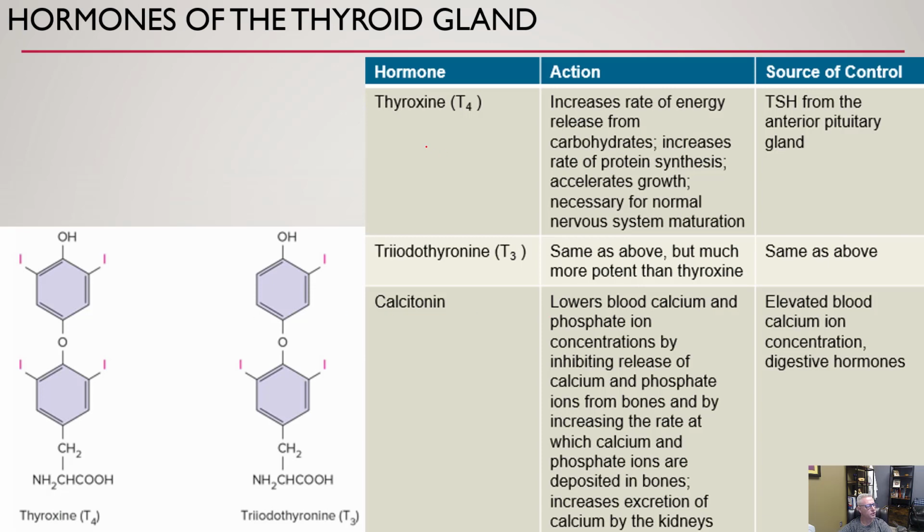All right, so here we have our T3, T4, and calcitonin. Overall, these three hormones enhance the rate at which proteins are synthesized.